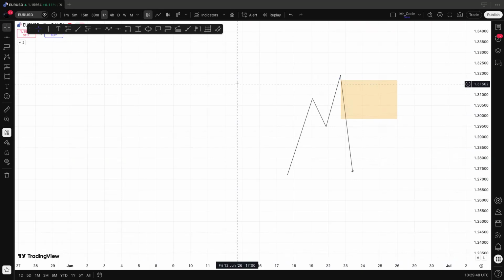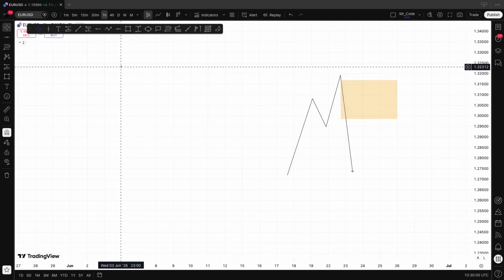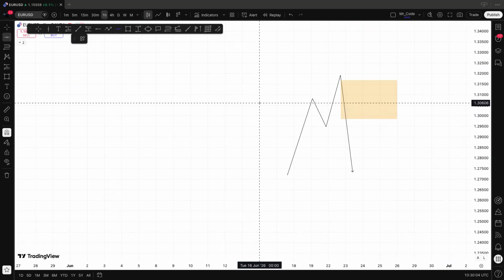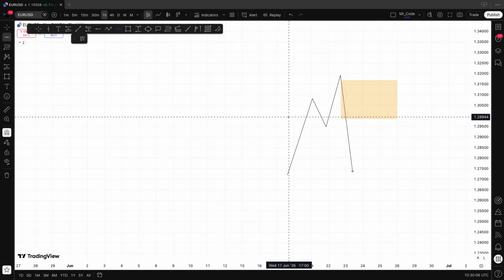So how do I then mark my support or resistances? The support or resistances, if I should put it this way, protect the supply. Support and resistances protect supply and demand. Or we can say that before you get to a supply or demand, you first have to go through a support or resistance.